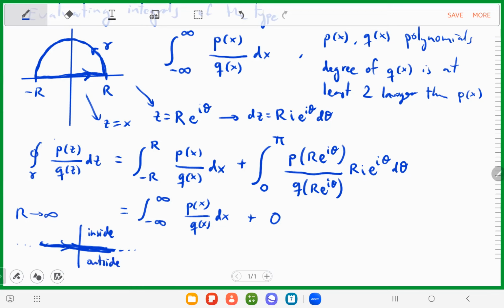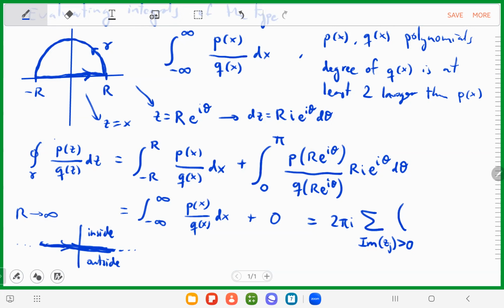That means we can just calculate the integral that we want. The integral between minus infinity and infinity of p divided by q will just be 2 pi i times the sum of the residues that have an imaginary part larger than 0, meaning they are on the upper half plane.